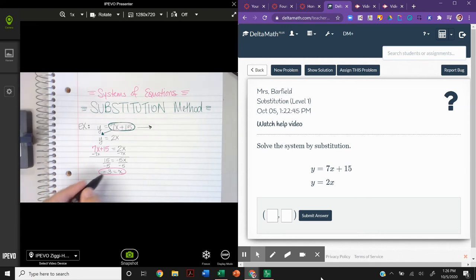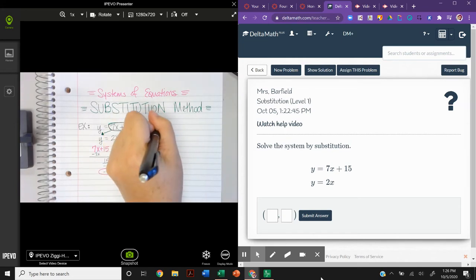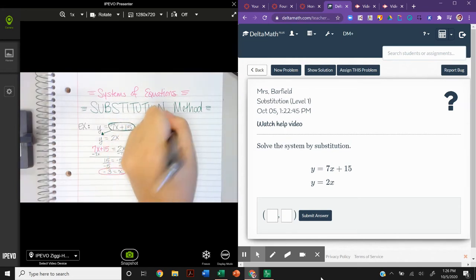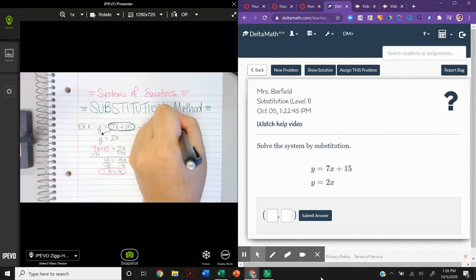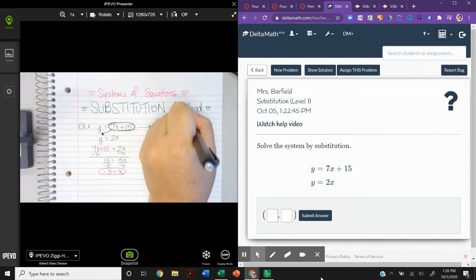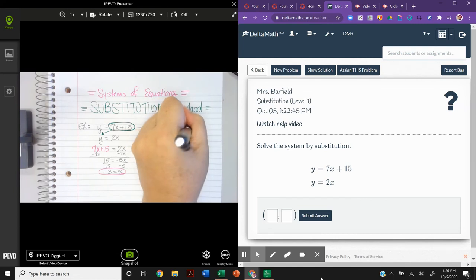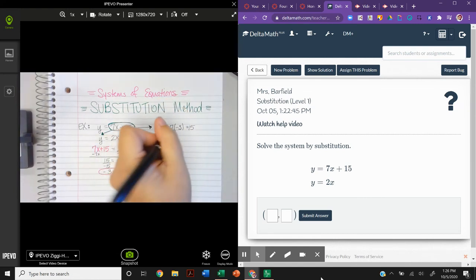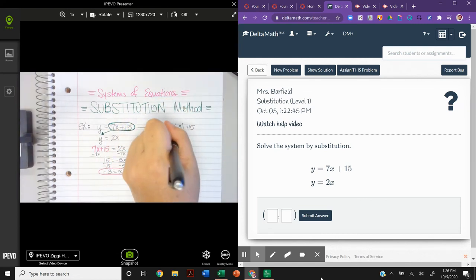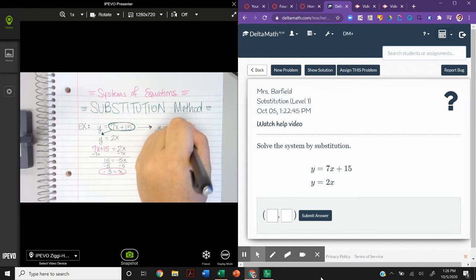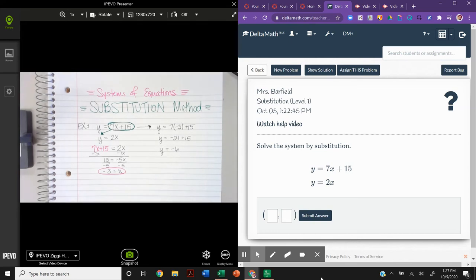So instead of writing y equals 7x, I'm going to replace this x with negative 3. So y equals 7 times negative 3 plus 15. Now I'm just going to simplify. That's negative 21 plus 15, so I know now that y equals negative 6.